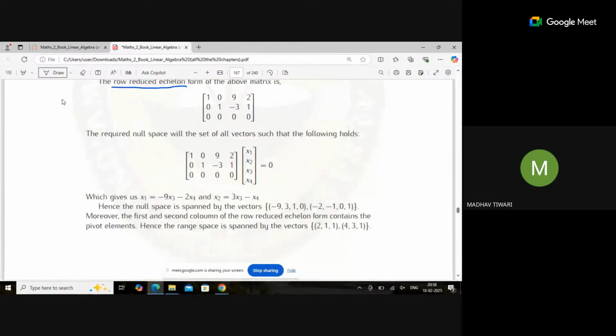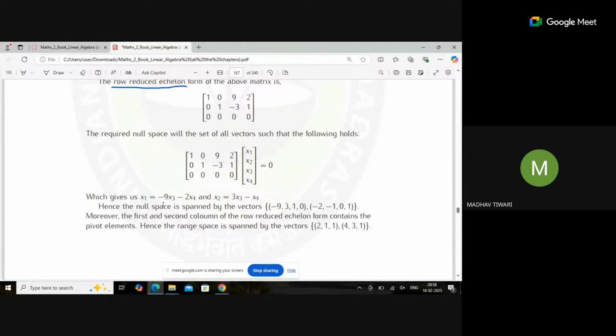So what will be the required null space? We will find it the same way, writing it as Rx equals 0. We found that there are two independent or free variables, x3 and x4, because they do not have the pivot elements. So we wrote x1 and x2 as a linear combination of these two.